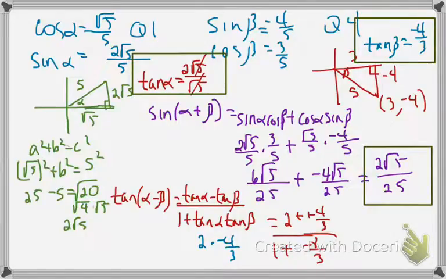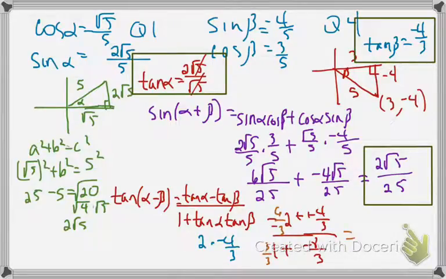Tangent gets a little complicated, doesn't it? Let me change colors. Now let's go ahead and combine. Let's find common denominator. Okay, so if we find common denominator here, we need a 3. And if we take a 3 down here, what's 2 times 3? 6. So that's essentially going to change to a 6/3. And then down here, your 1, if we're going to add a 3, that's going to change to your 3/3.